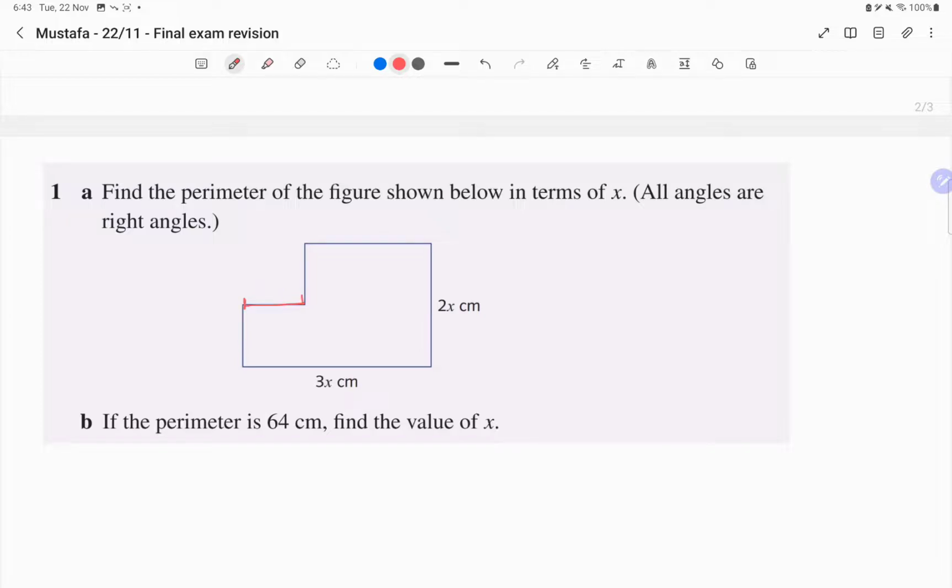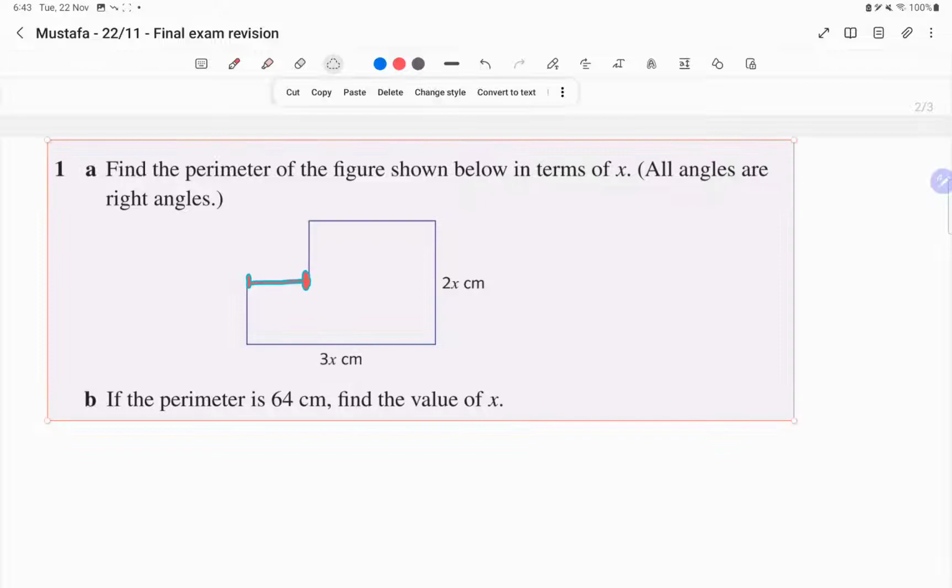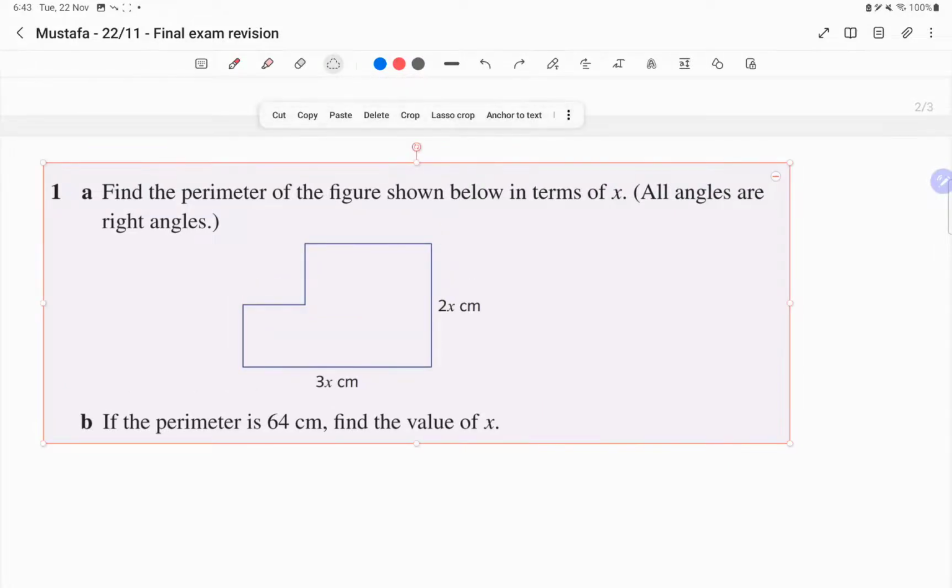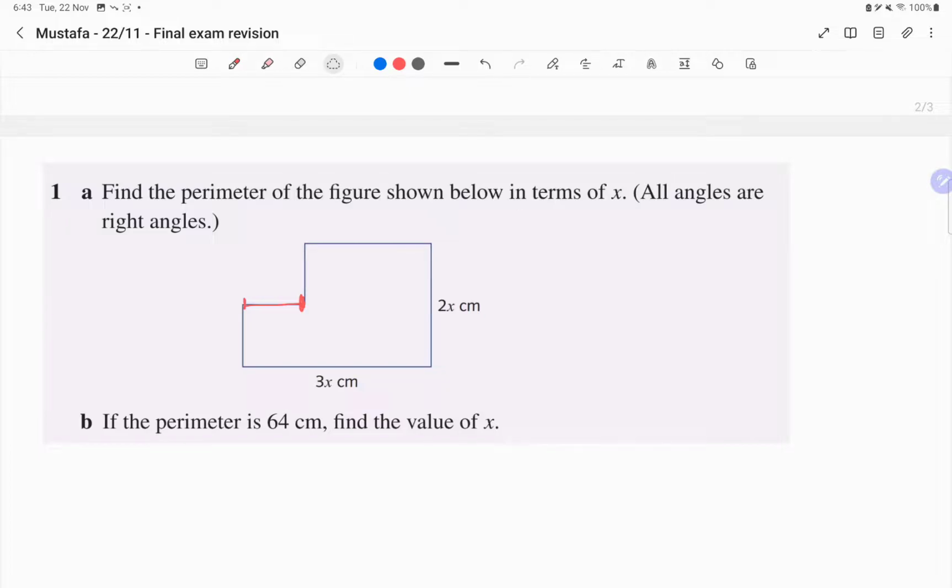So you see, if I shift this line, because perimeter, right? I shift it up. If I shift this line up, whoops. See if I can. Okay. Now, if I shift, see this line?